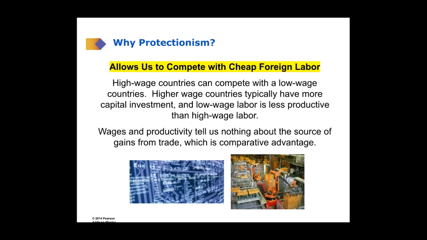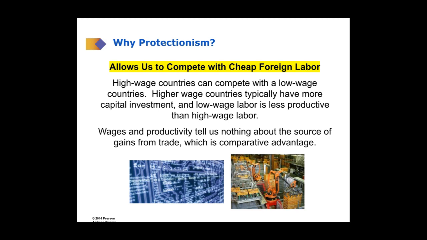The third idea is it allows us to compete with cheap foreign labor. This is a common theme behind some protectionism. The problem here is that the point of international trade is to specialize around comparative advantage and then to trade from there. And if we do that, both countries will be better off.